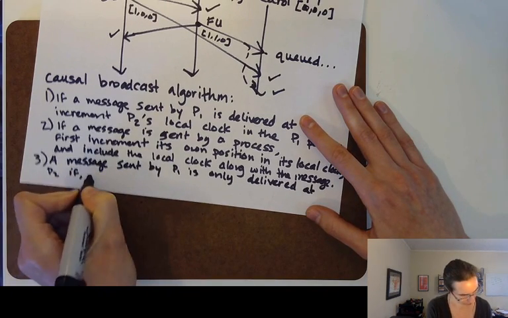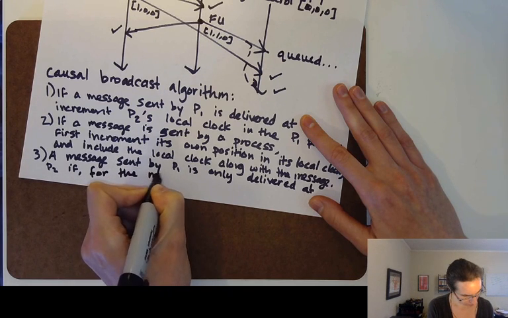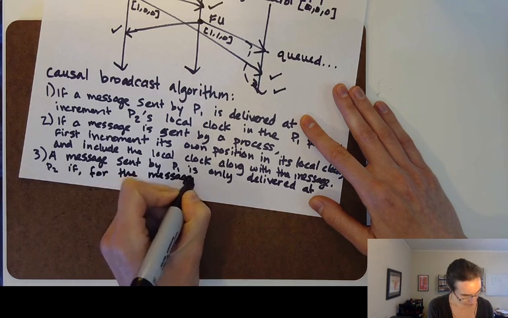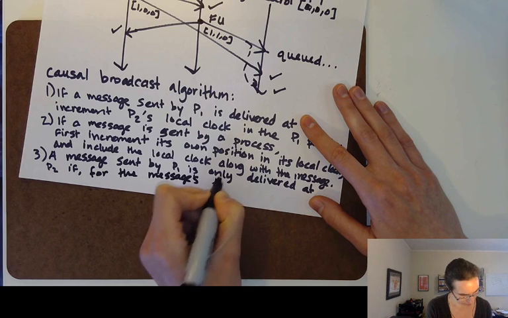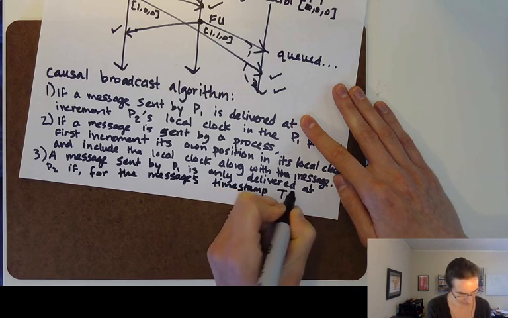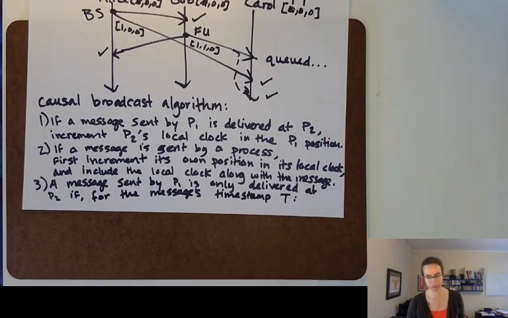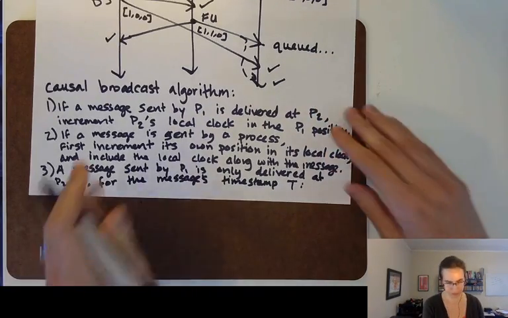So if for the message's timestamp T, and this is a logical timestamp, so this is not like a time of day timestamp, it's a vector clock. This condition has to be true.